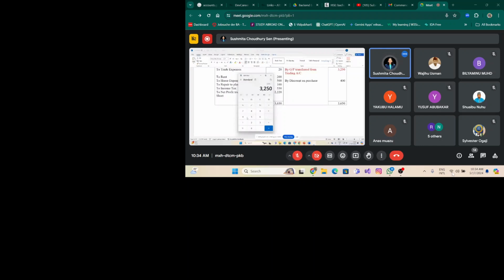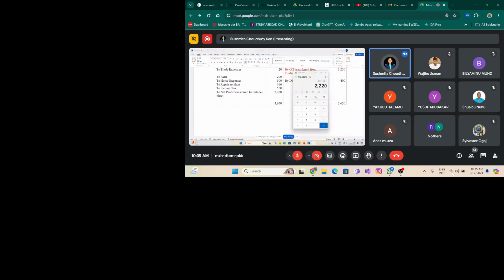3,550 plus 400, so this is more, 3,650. Now from 3,650, we need to deduct all our expenditures: minus 20, minus 200, minus 500, minus 160, minus 550.